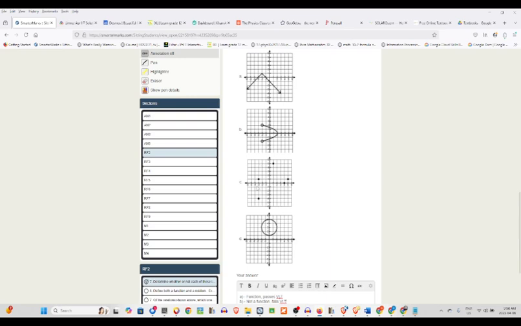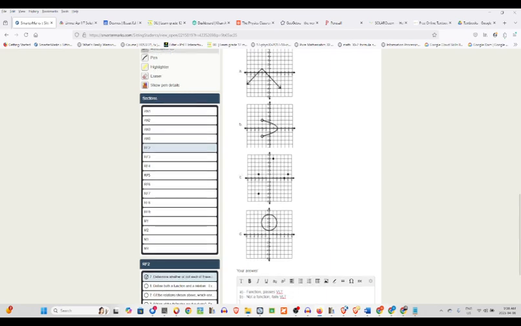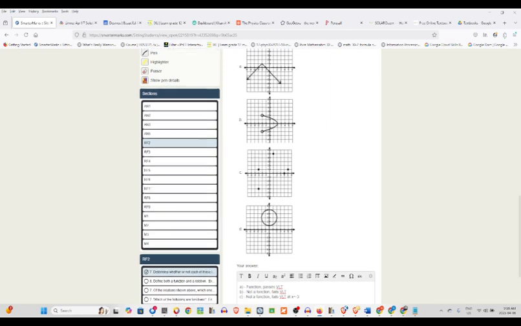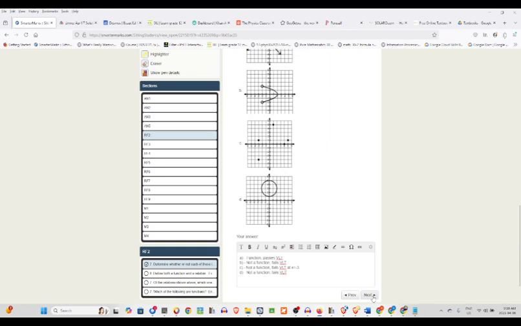C actually fails the vertical line test at -3. At that point, there are 2 points at that location on the x-axis. And circles are a classic example of something that's not a function, because again, it fails the vertical line test pretty much everywhere.